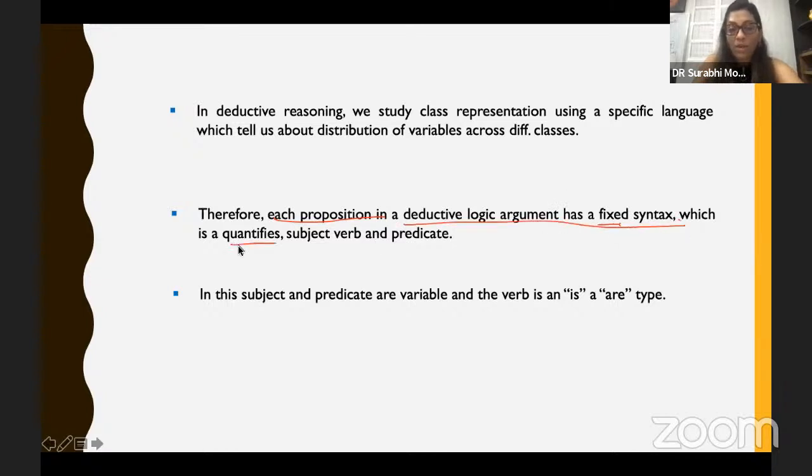It has a quantifier, subject, and predicate. So it has a quantifier, subject, verb, and predicate, and the verb usually is an R type. This is the basics. All of you must be abreast of it. So for example, you have a deductive logic syntax written as all S, R, P. Let me just redo that.